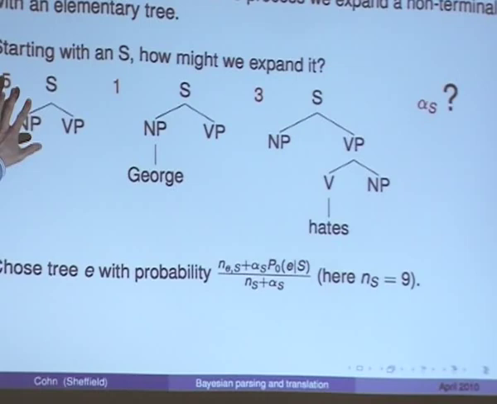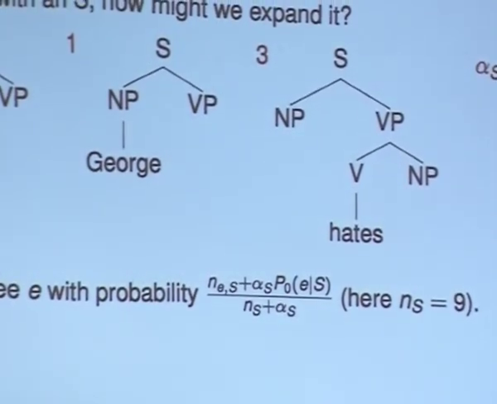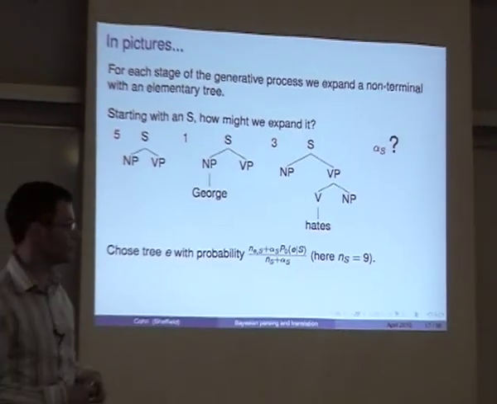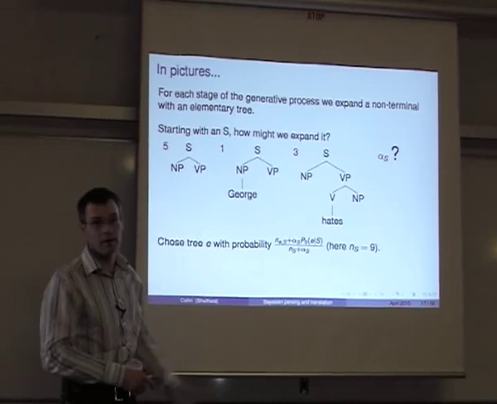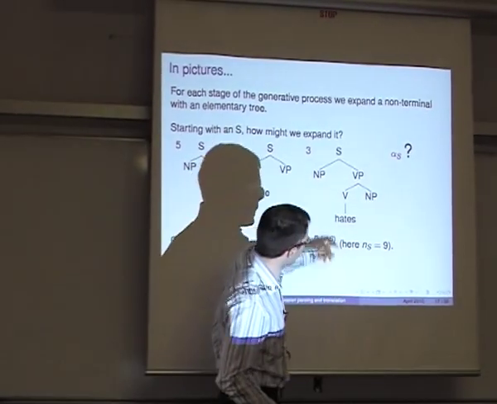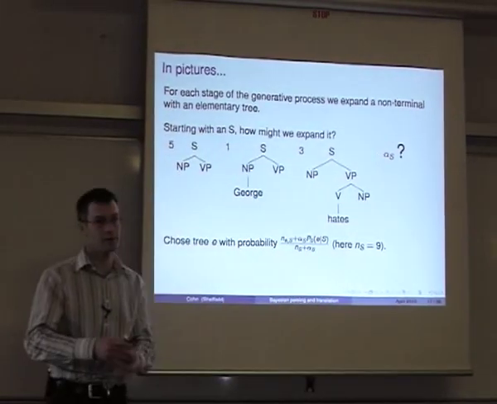But the idea is that if we've rewritten S a lot of times before, we're going to repeat what we did before, and we're going to do it in a similar way. So if this one was really predominant and we've seen it a lot of times, we're going to do that again. And if we do elect to do something new, then we're going to draw this from a distribution over trees.